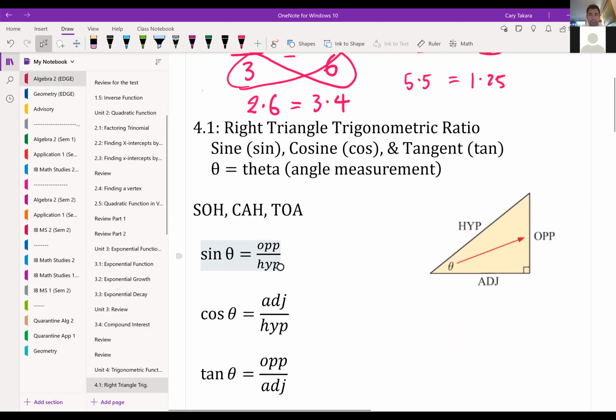So here is what we usually call SOHCAHTOA. You might recall your teacher teaching you SOHCAHTOA, right? I think some of you recognize that already. But I will tell you what it is. Why don't you guys write this down?